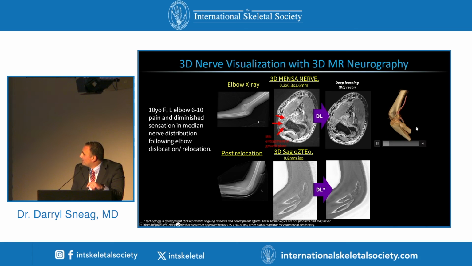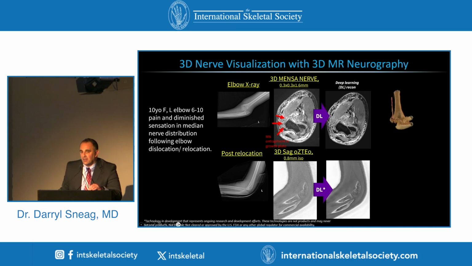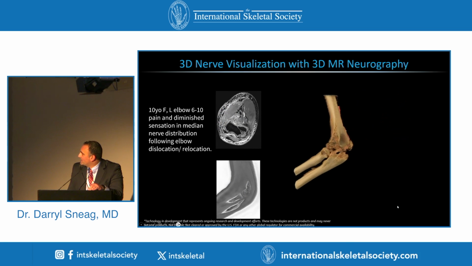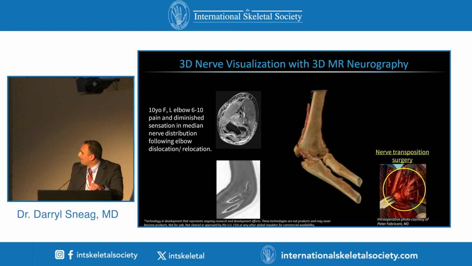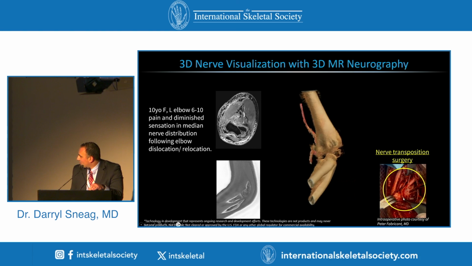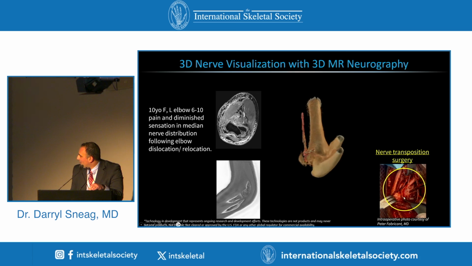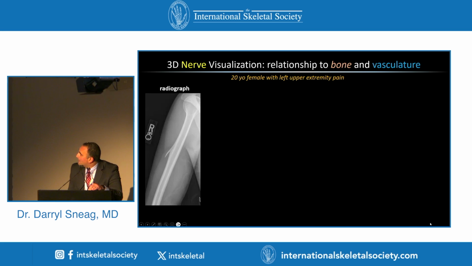The surgeon felt it was very helpful to understand the relationship of the median nerve that became entrapped within the fracture site through the medial epicondylar apophysis. And here, just illustrating, again, the median nerve. Here's the humerus proper, if you will, and the medial epicondylar apophysis, and the median nerve entrapped in that site.